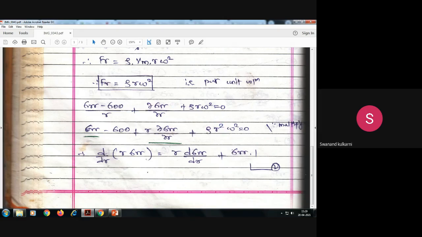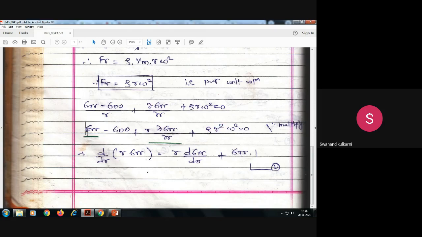Here you can see that by multiplying with r, it becomes r². So σ_rr − σ_θθ + r ∂σ_r/∂r + rho r² omega² = 0. With this it is multiplied, and this step we got here.